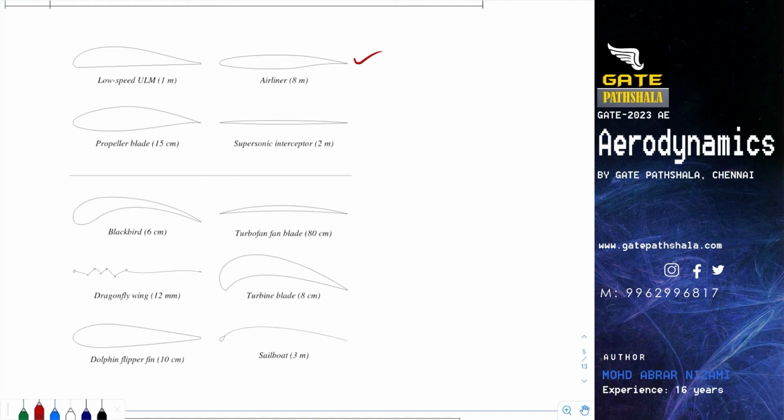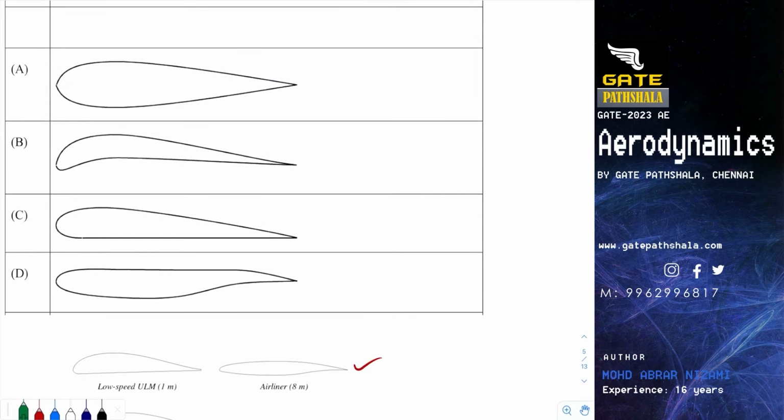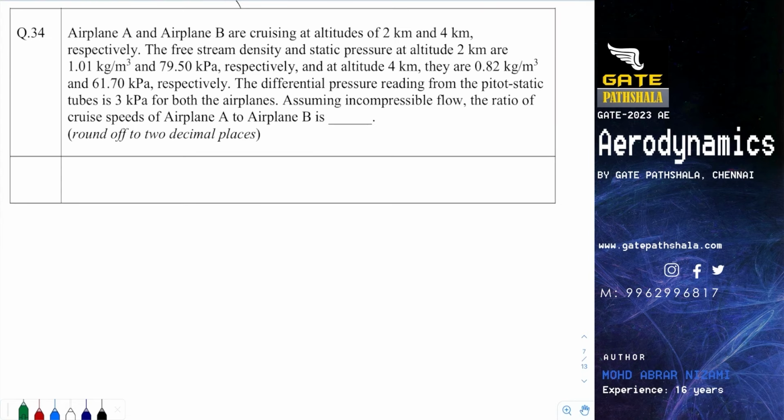Then propeller blade, then supersonic interceptor, then Blackbird, then turbofan blade, then turbine blade, then dragonfly wing, dolphin flipper fin, then sailboats. So our interest was in the civil aviation aircraft. So the answer to this question is D.